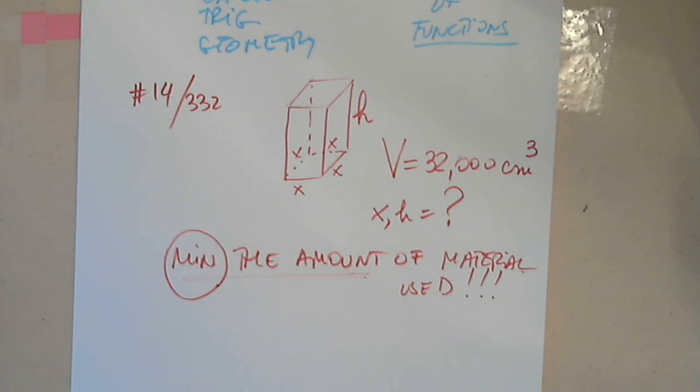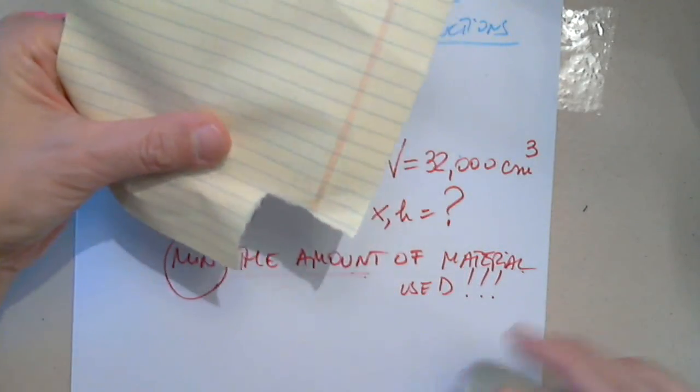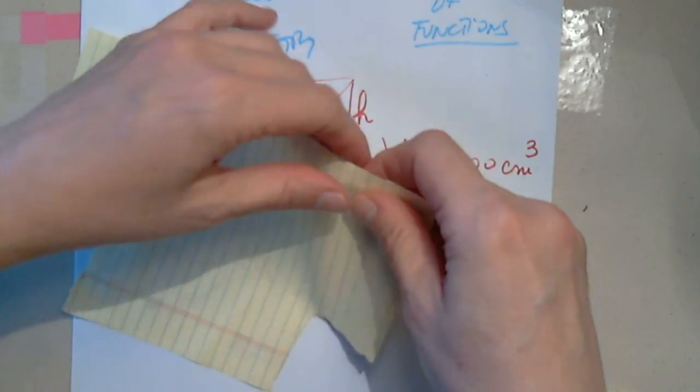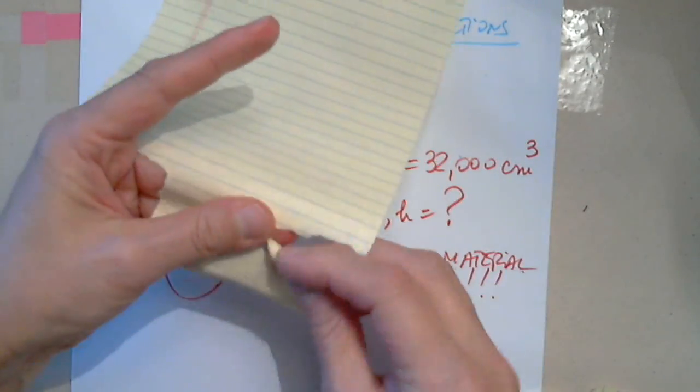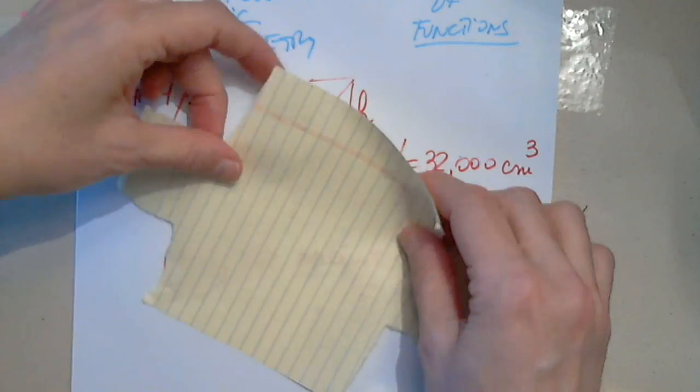What am I thinking about when I create a box with an open top? So here I have some material and I want to create a box. And here's my box. It would not have a square base, but it's going to be a box. Here it is.